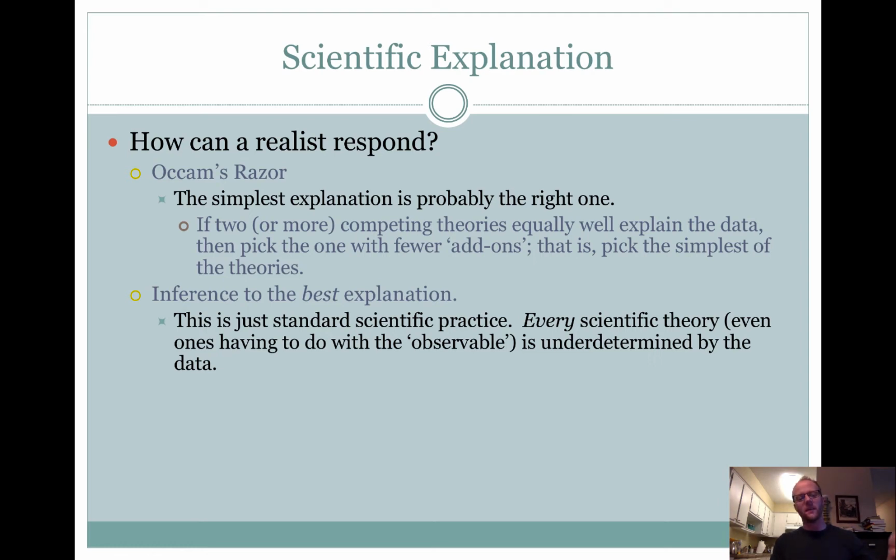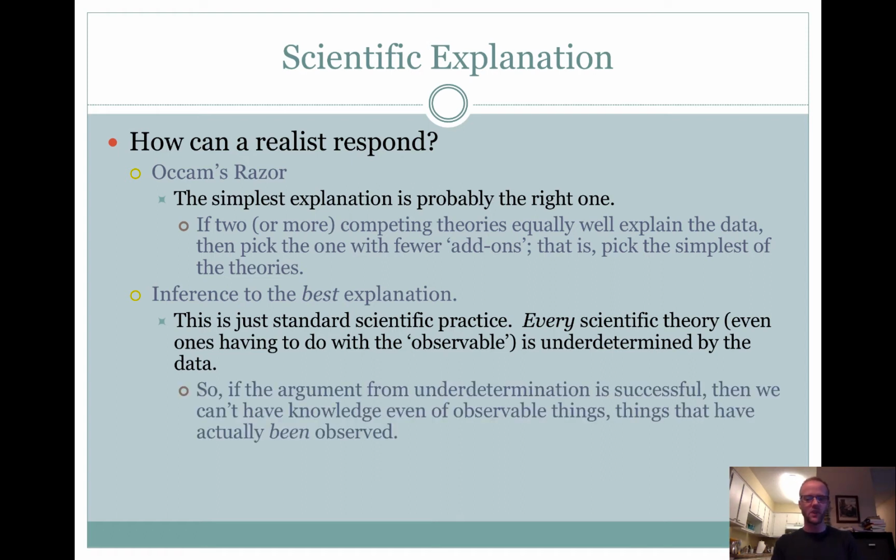Now we can just keep testing other hypotheses in contradistinction to the hypothesis about the electron. But in any case, the point is to make an inference to the best explanation. And if the electron movement is the best explanation, that's the one we should pick.